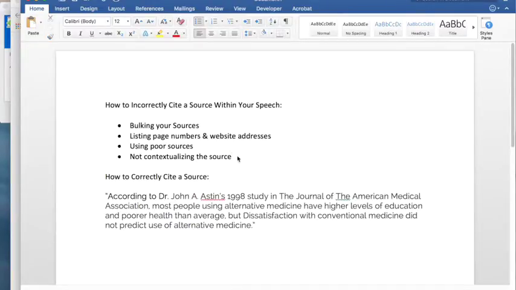So you need to put it in a context. Dr. John Aston wrote in the Journal of the American Medical Association, so I trust the American Medical Association, so therefore I will trust the Journal of the American Medical Association. So you need to put it into a context. You can't just tell me the name of some doctor or the name of some website, okay? You need to have a context to it so that everybody in your audience understands.